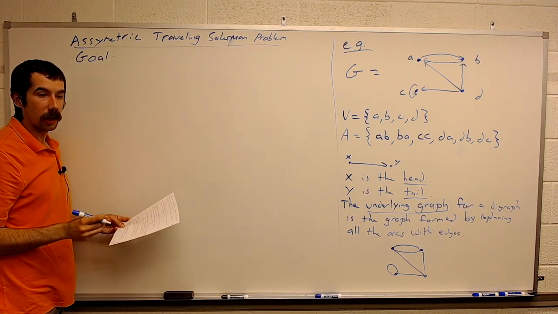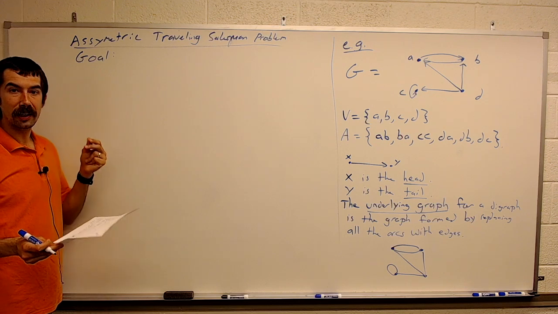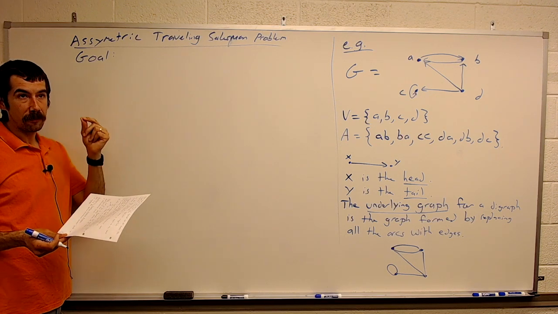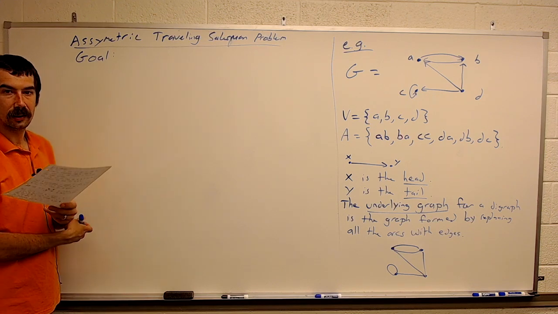All right, and so what is the goal? Our goal is to find an optimal Hamiltonian cycle. So we visit each vertex exactly once on a directed graph.